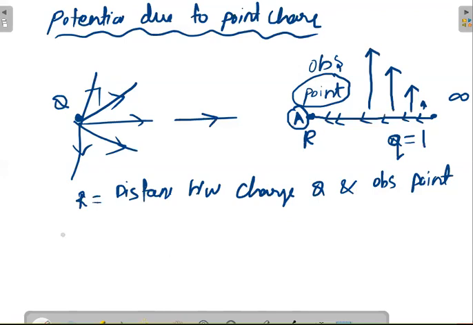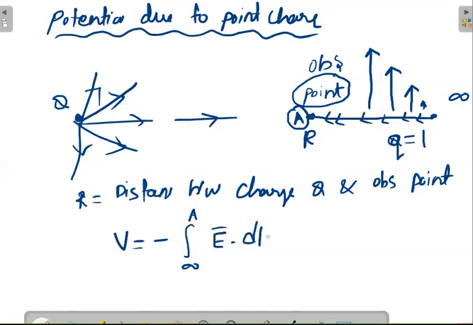So by definition, V is equal to minus the integral from the initial position, infinity, to the final position A, of E dot dl.